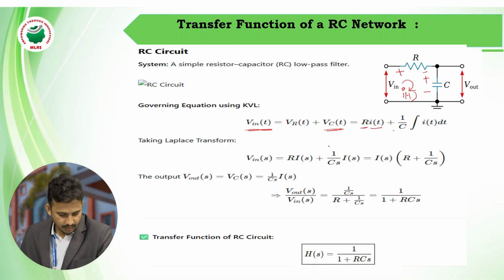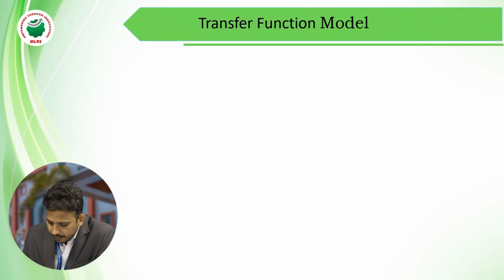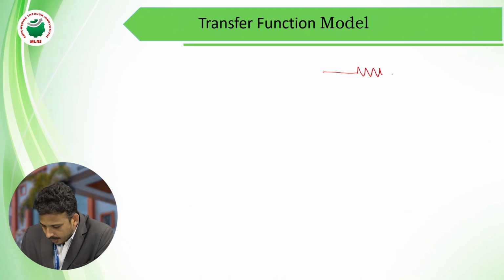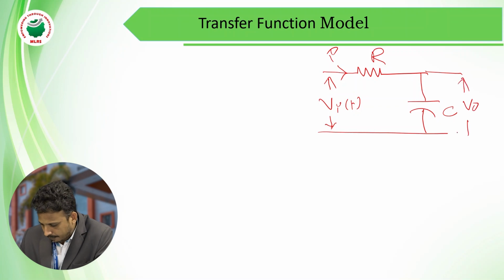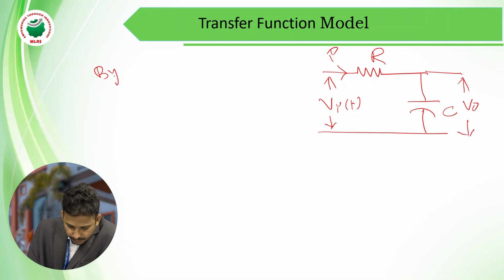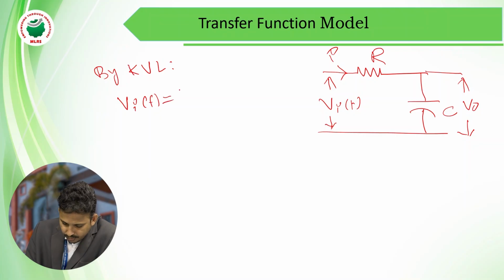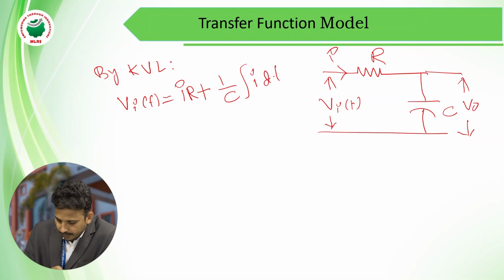Applying Laplace transform for it. So by KVL, Vi of t is equal to the voltage across the resistor plus the voltage across the capacitor, that is 1 by C integral I dt.